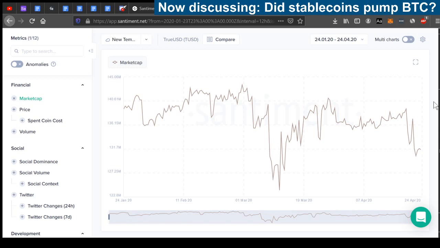Actually, I'm not sure how the fiat on-ramp works for TrueUSD. But Bitfinex, Coinbase and Binance are the biggest exchanges out there, so I guess it's normal that their stable coins are going to be the most widely used.